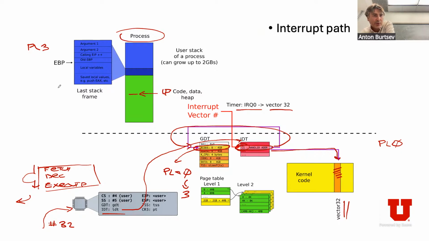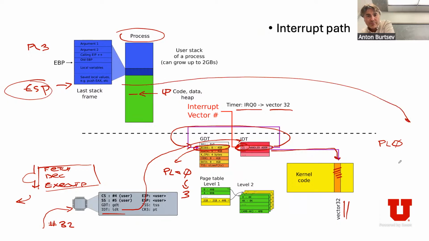There is this subtle detail which we were discussing in the undergraduate x86 class. The hardware cannot trust this stack, because if the user is malicious, it can put ESP pointing to some page which is not mapped, and then upon receiving an interrupt, you will trigger a page fault. So how do we protect against this?